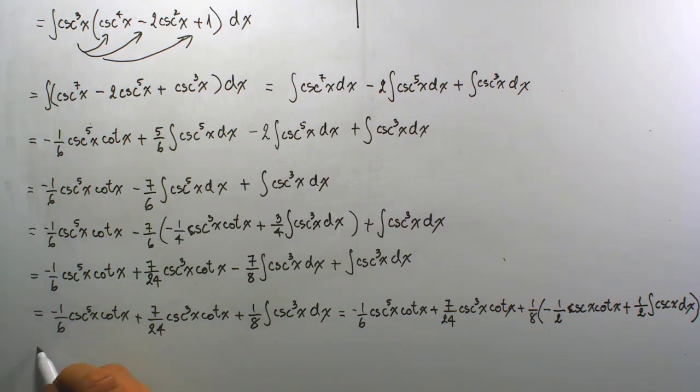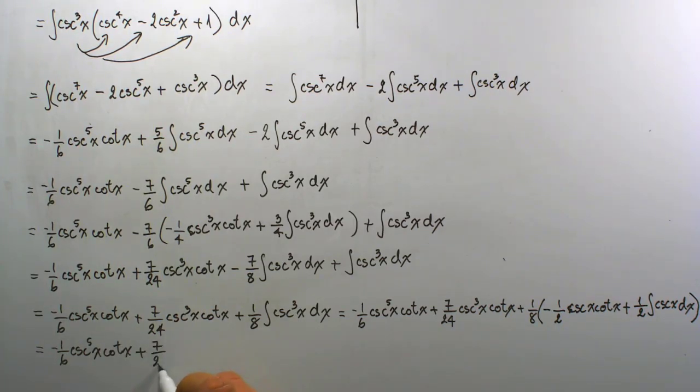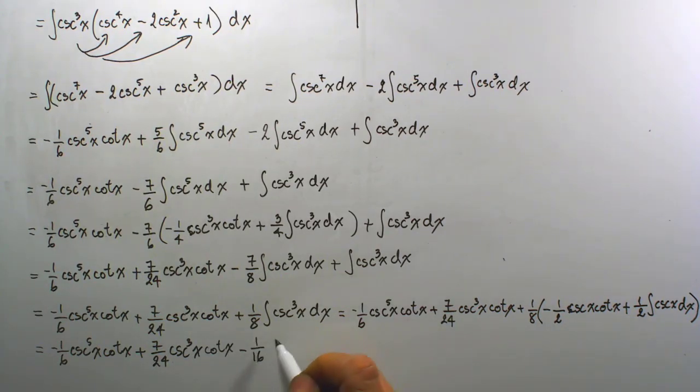So in my next step, the integral becomes minus 1/6 cosecant to the 5th of x times cotangent of x plus 7/24 cosecant cube of x times cotangent of x minus 1/16 cosecant of x cotangent of x, and plus a 1/16 times the integral of cosecant of x.